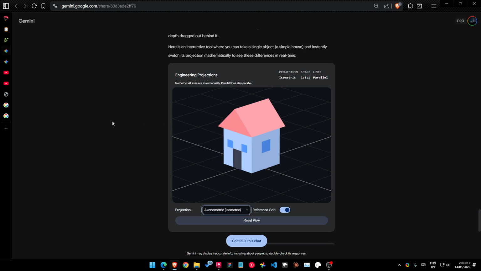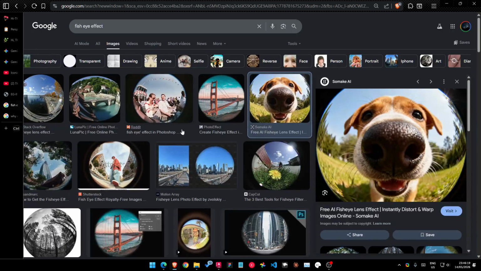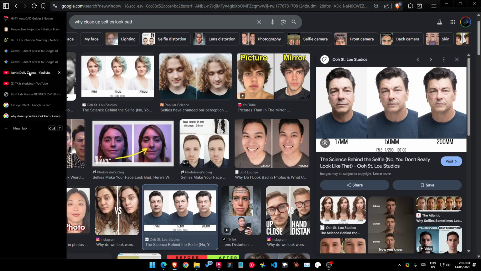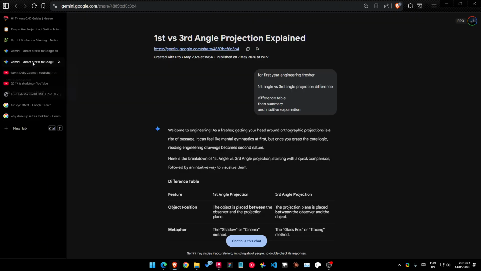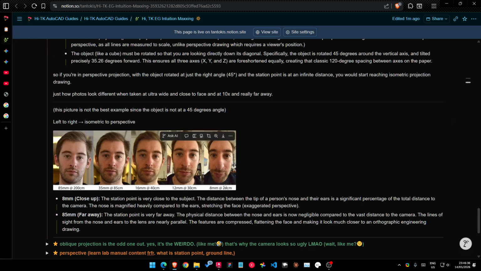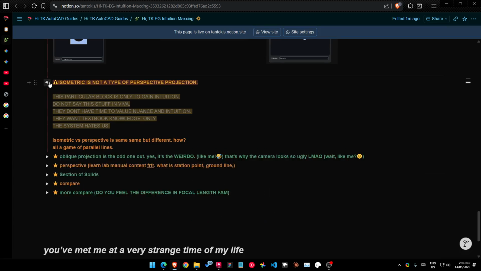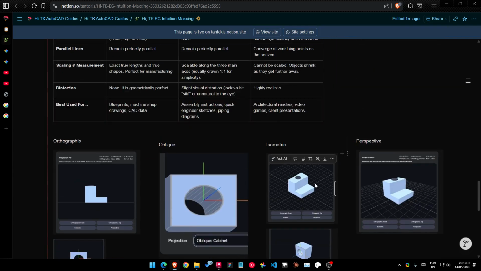There's no fisheye effect that we get during selfies. If you're really close, this is what you feel. And you see, the further away you are, the more details you see. I think this is as much intuition as you can get of how perspective becomes isometric.